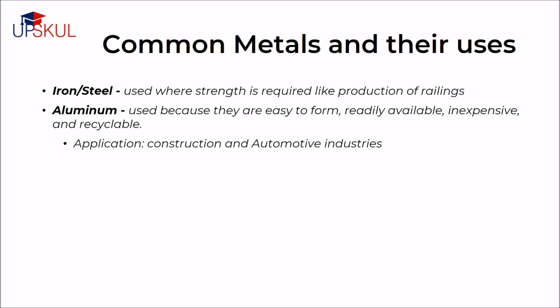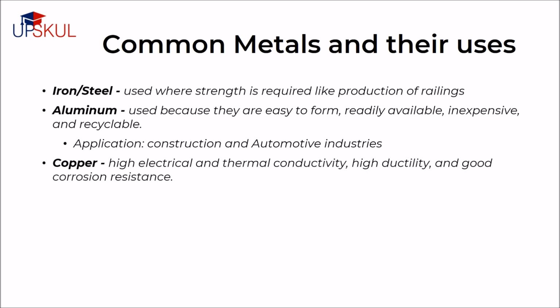Aluminium is heavily used in construction and automotive industries. Copper and its alloys have a number of properties that make them useful, including high electrical and thermal conductivity, high ductility, and good corrosion resistance, making it the best choice for electrical wires.